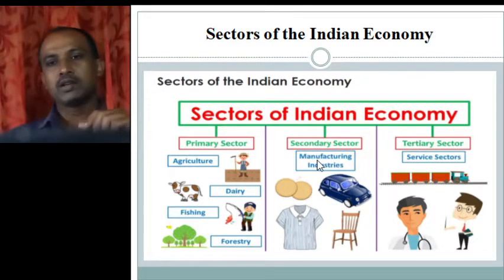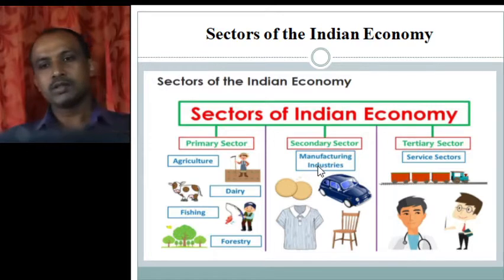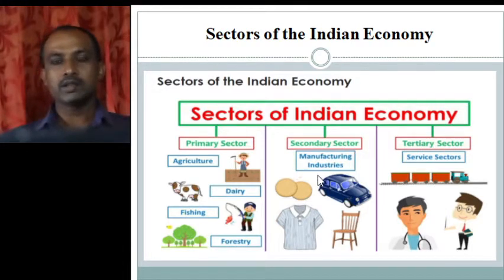And then the secondary sector, which includes manufacturing and industrial activities. It also includes small industries and micro industries, medium scale enterprises, and large scale enterprises. These are all industrial production processes that come under the secondary sector.